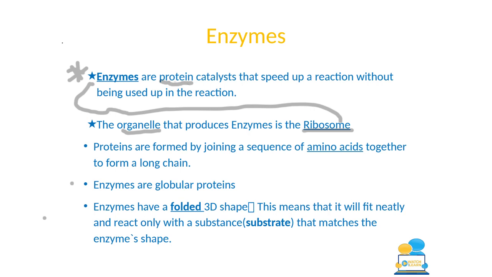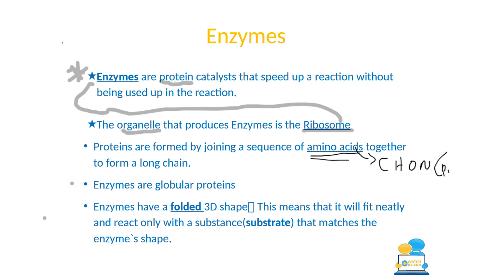Proteins are formed by joining a sequence of amino acids together to form a long chain. And if we think again of amino acids, they are the building blocks for protein. They contain the elements, of course, carbon, hydrogen, oxygen, and nitrogen, always, and sometimes they contain phosphorus and sulfur.